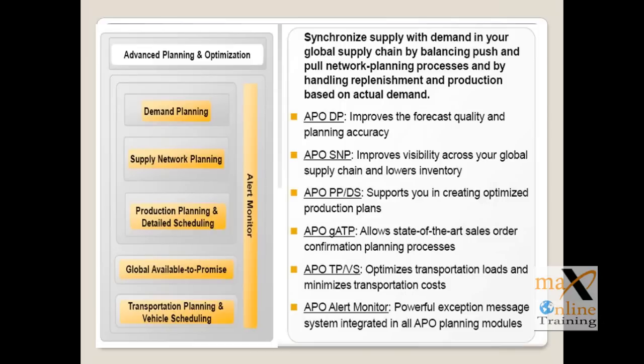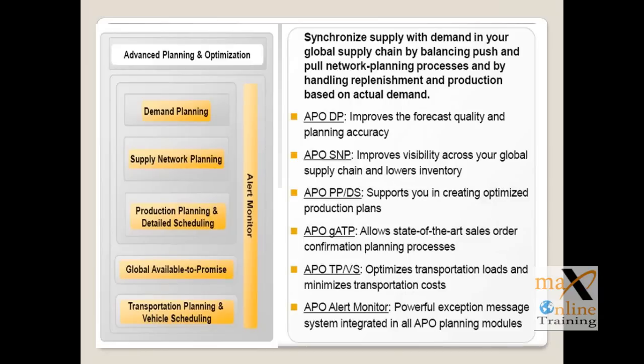For short-term production, we can take the PPDS module. To know the sales order confirmation at the global level, there is GATP, and to optimize the transportation load and minimize the transportation cost, there is the TP/VS module. Like that, we have different modules.